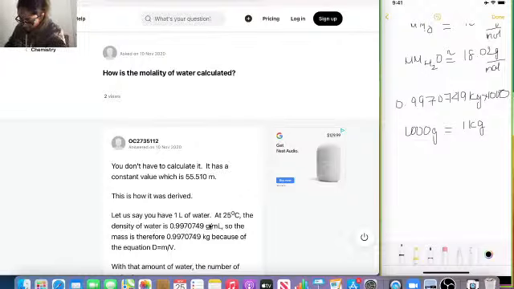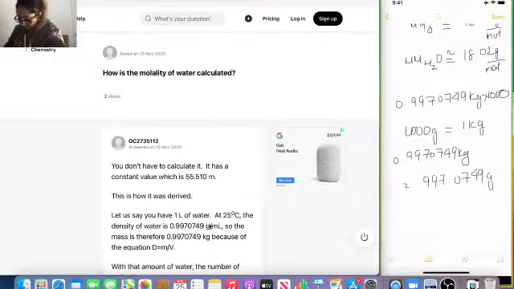0.9970749 kilograms is equal to 997.0749 grams.